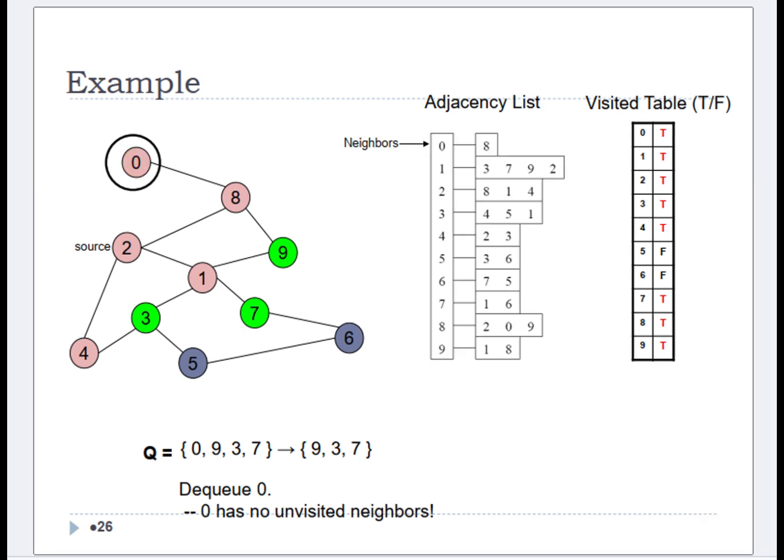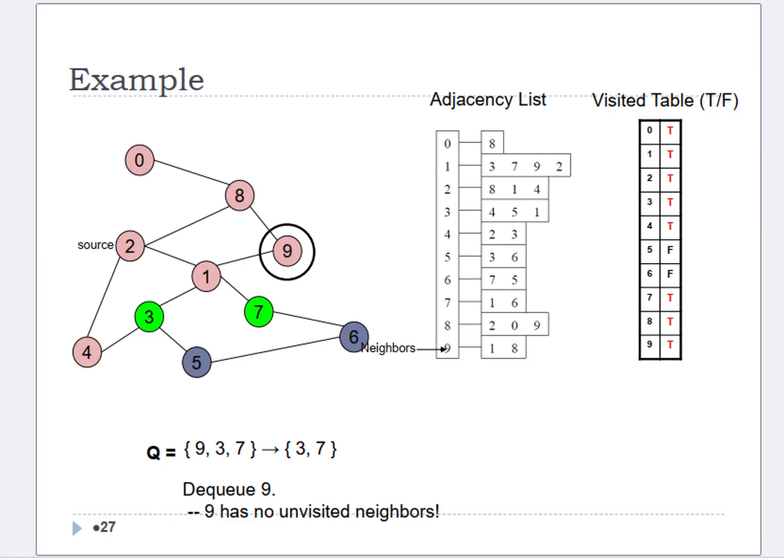Next, Q equals 0, 9, 3, 7. Dequeue 0. 0 has no unvisited neighbors.